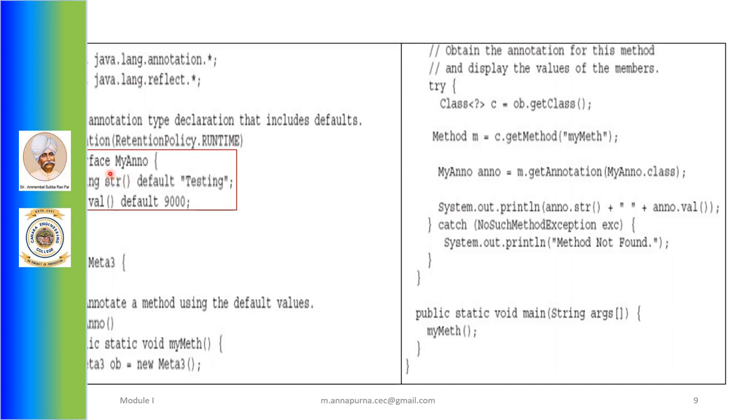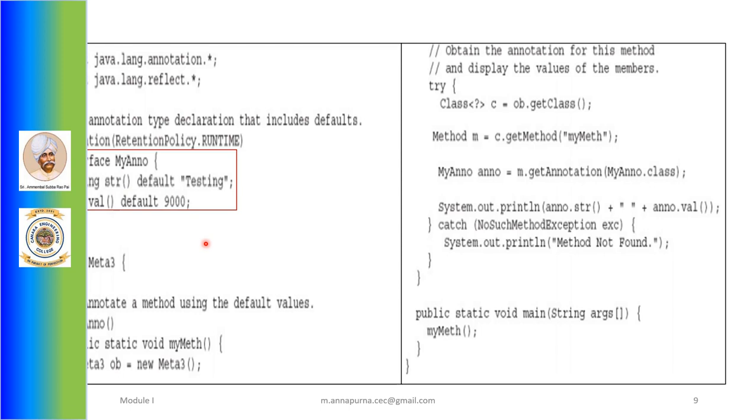So over here, I have a @MyAnno annotation being declared, and it has two annotation members, str and val, with default values. I have declared the default values using the default clause. So if I do not provide values for these two members, the default values will be given.